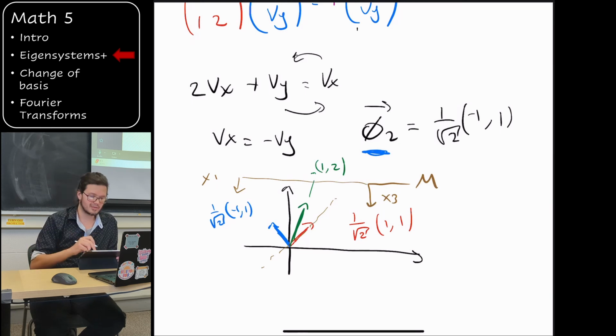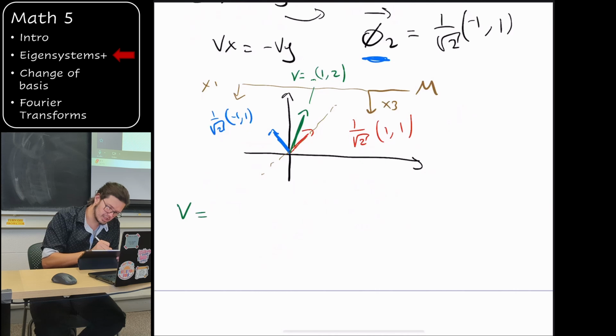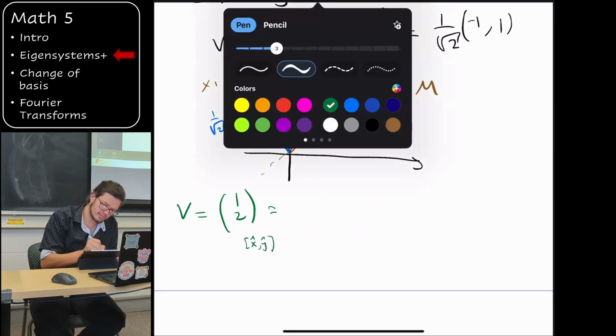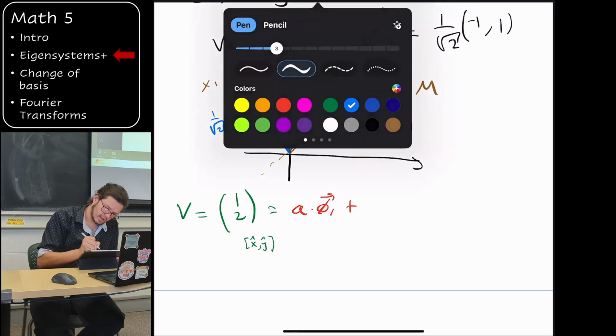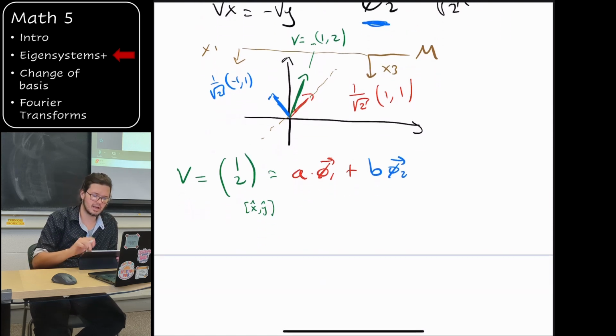If you decompose this vector, let's actually do that exercise. If you decompose V, which is 1, 2, and I'm going to put it in here, remember, in the x hat, y hat basis, if somehow I was able to write this as a number A times phi 1 plus a number B times phi 2, then see what will happen.